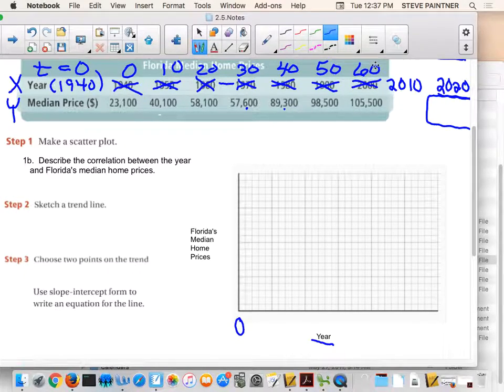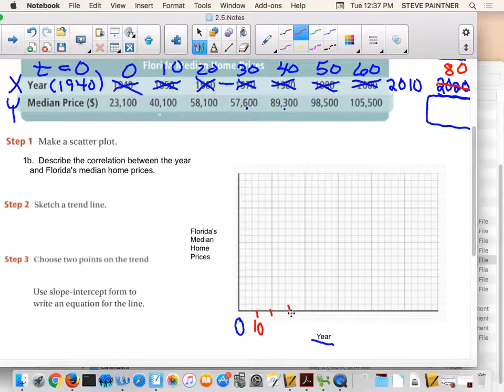60. 2010 would be what? 70. What would 2020 be? Yeah, this is really 80. It's called year 80, but it's really the year 2020. Okay? Now, the reason I did that is because these numbers are so large up there, okay? So that would mean on my scale down here, I'd probably count by tens.